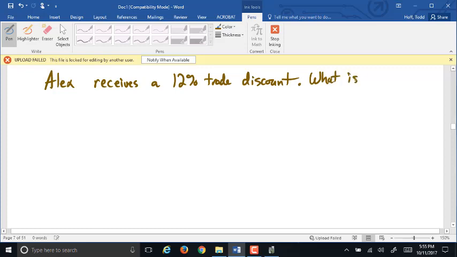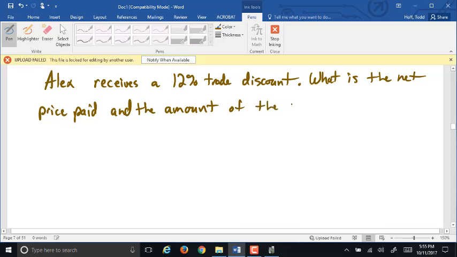What is the net price paid and the amount of the discount on items listed at $450?